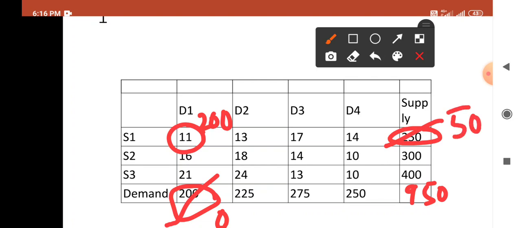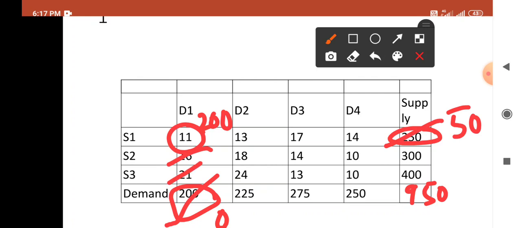When the demand or the supply becomes 0, we have to cancel the corresponding column or row values. For example, now the column D1 has become 0, so we have to cancel the other elements in that column.